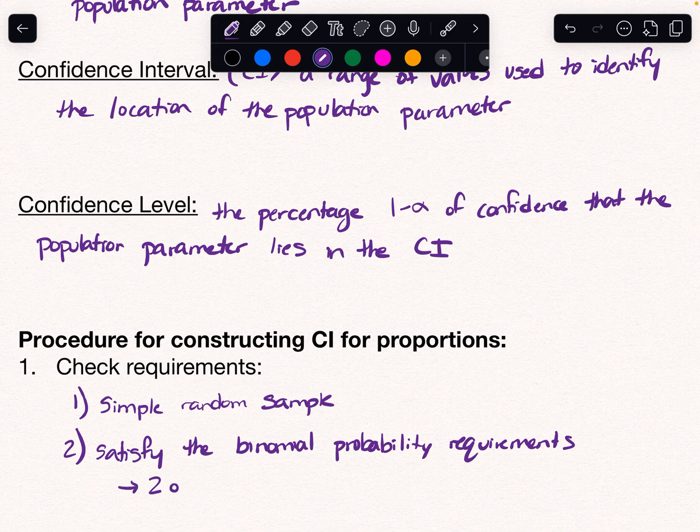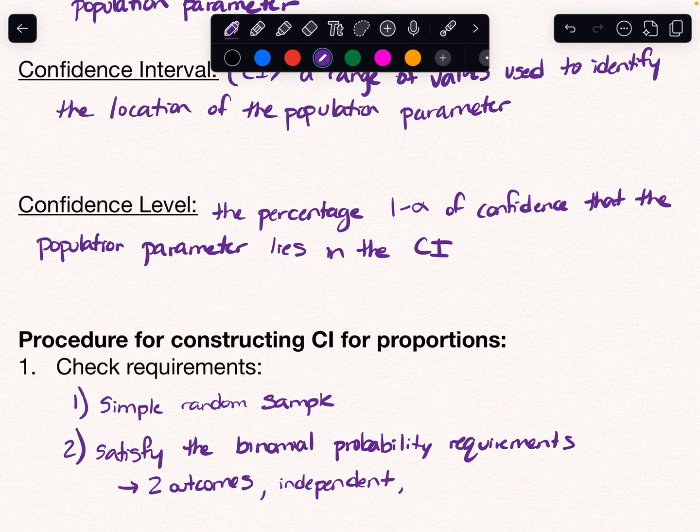I have to have 2 outcomes, so either, like my example, they know what Facebook is or they don't know what Facebook is. Those are your 2 outcomes that could possibly happen for a proportion. I know each event has to be independent, so one person's response doesn't affect another person's response.